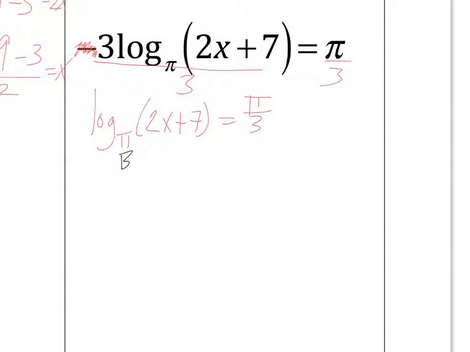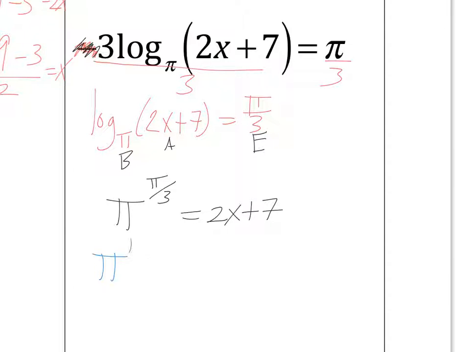That's my base, that's my exponent, that's my answer. So we've got pi to the pi over 3 is equal to 2x plus 7. And again, I got rid of that negative out front, that messed up the problem. So pi to the pi over 3 minus 7, all over 2, is equal to x.